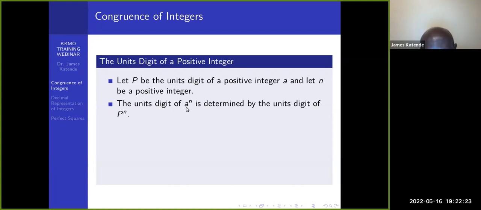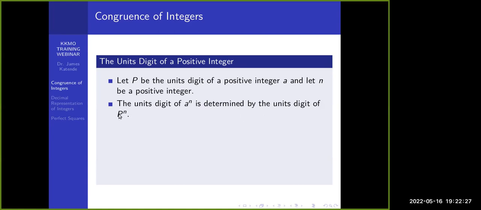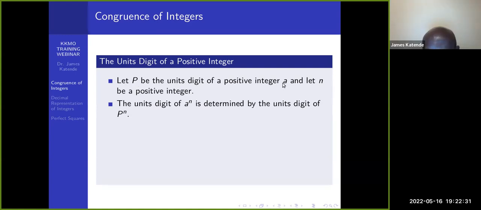So the units digit of a raised to n will be determined by the units digit of p raised to n. So if you know the units digit of a and want to find the units digit of a raised to n, you just need to focus on the units digit of p raised to n.